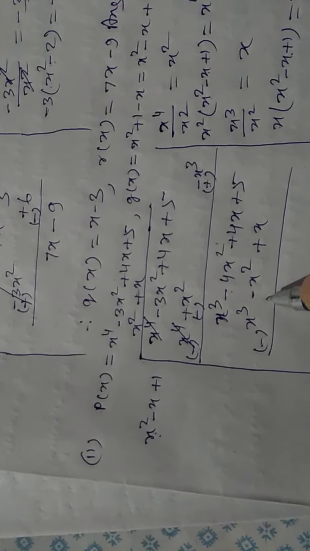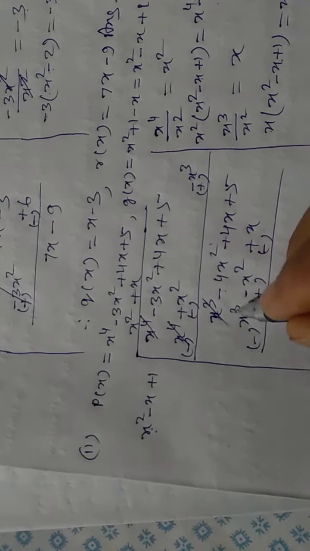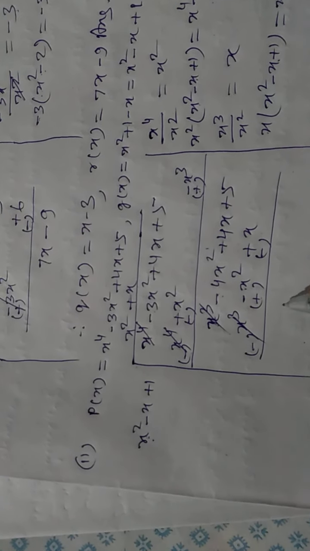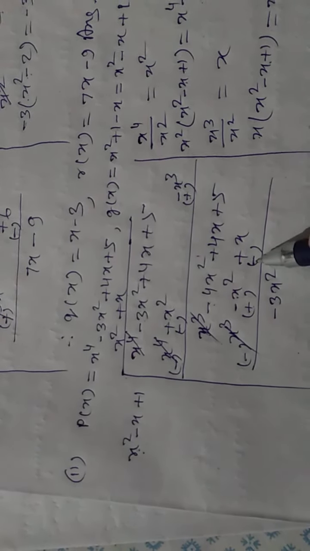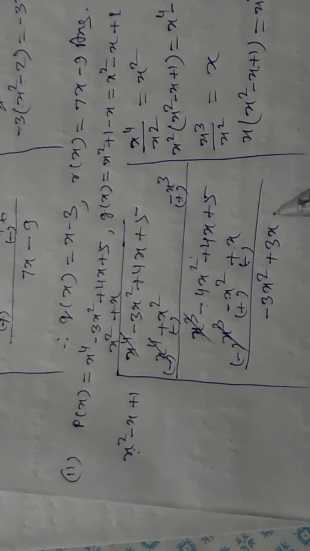Change the sign: minus, plus, minus. This cancels. Minus 4 plus 1, that is minus 3x square. Then 4 minus 1, 3x, plus 5.